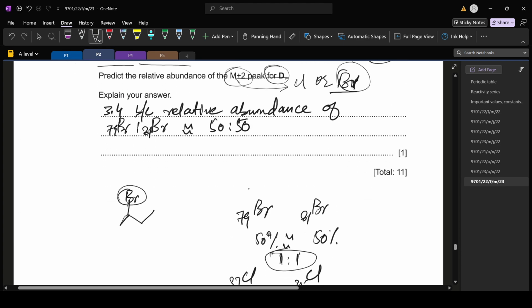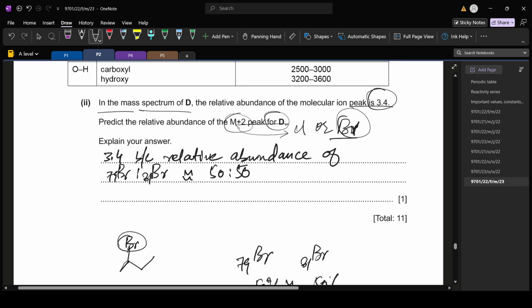That's why they both have the same abundance.